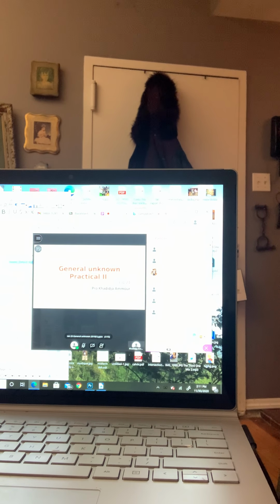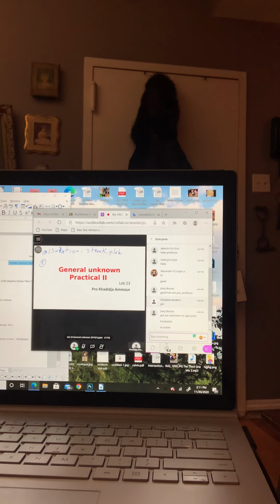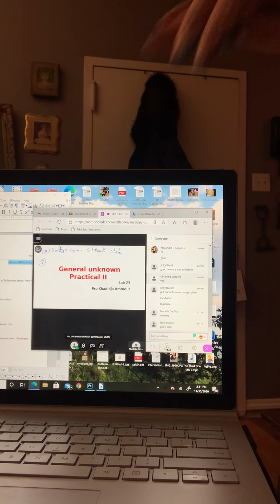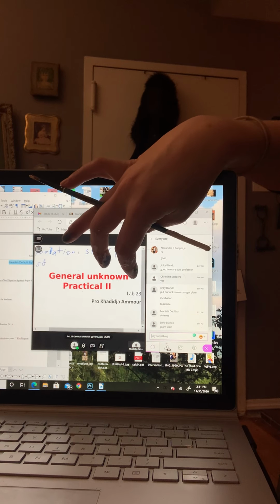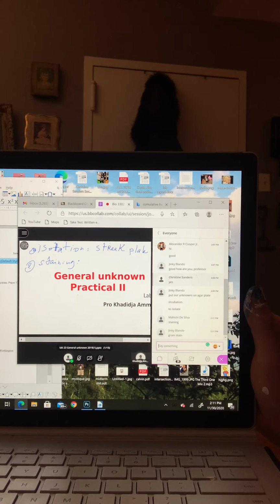So first we did the isolation, and next we did the staining. We use a differential staining, that is the Gram stain.